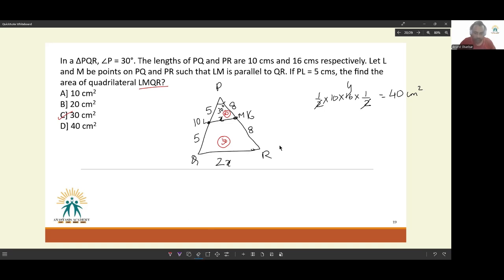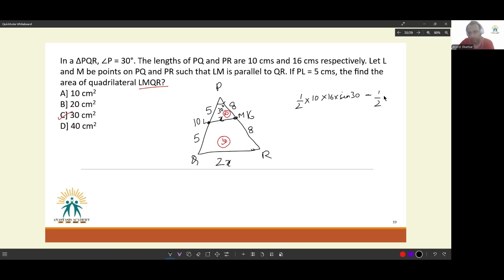Now, this is similarity based understanding. You can also come to the same conclusion using basic formula for area. Area for PQR will be half into 10 into 16 into sine 30. And area for PLM will be half into 5 into 8 into sine 30. If from the total area of the triangle I remove area of PLM, I will get the area of LMRQ, this quadrilateral.